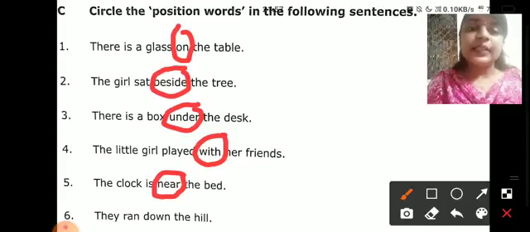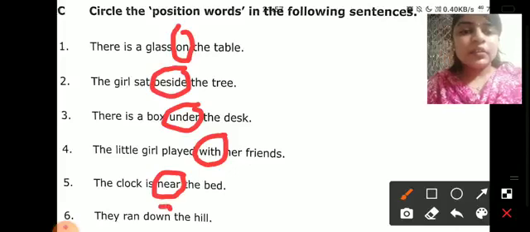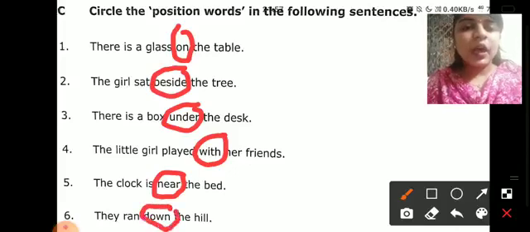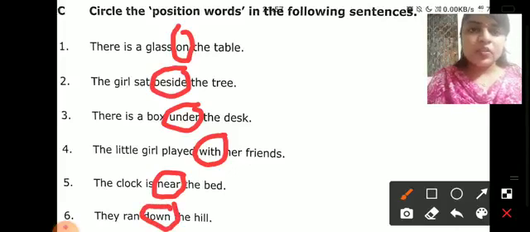Again I repeat, they ran down the hill. So here what is the position word? Down. So you need to circle with me. Circle it. Down. Okay, children. Over everyone. Good.